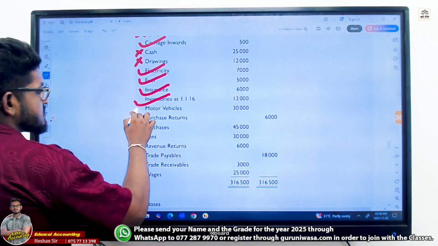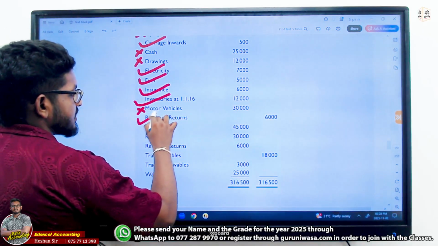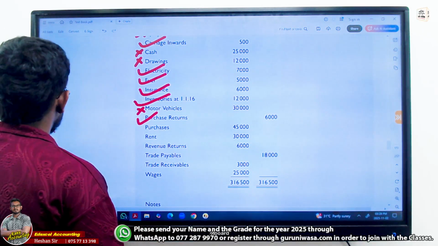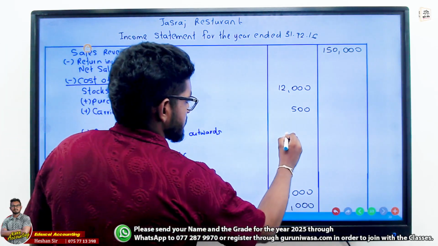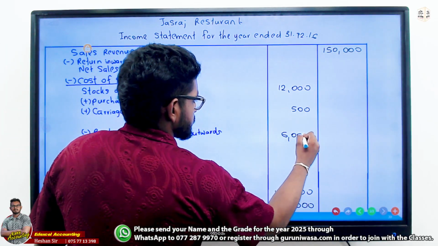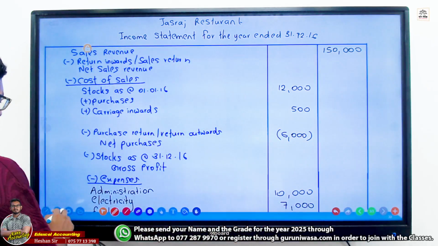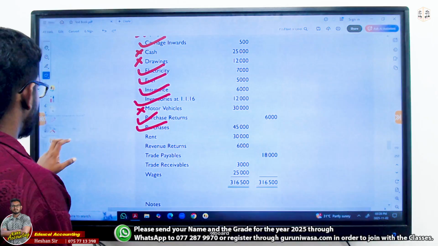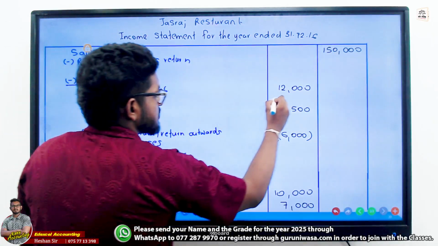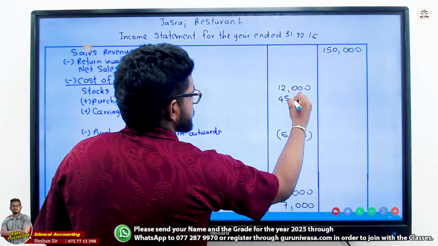Motor vehicle, assets, we are not taking. Purchase return is 6,000, so we deduct it from purchases. Purchases 45,000 comes under here.